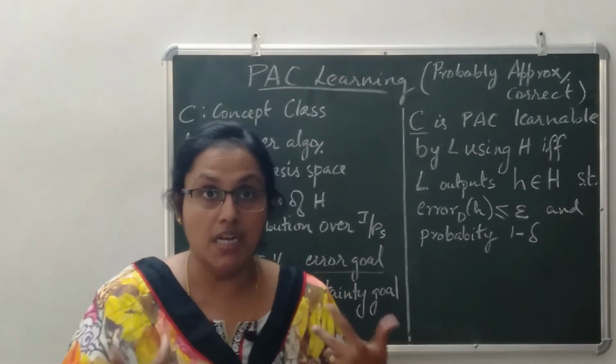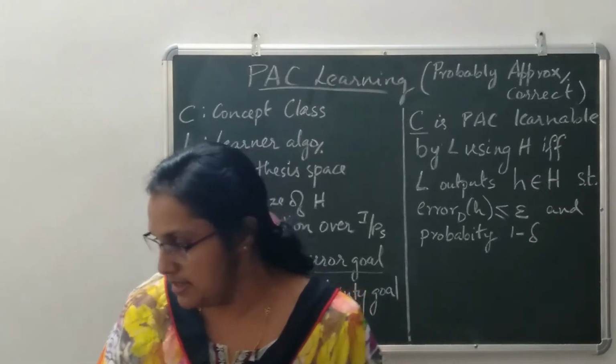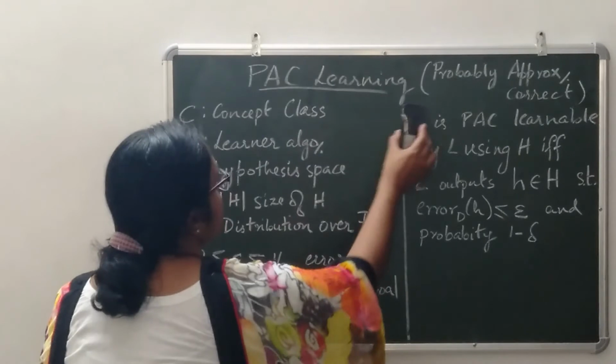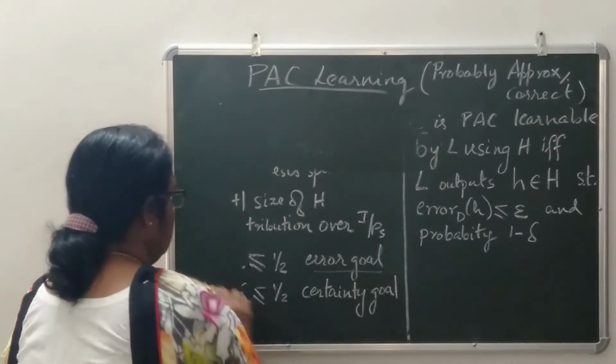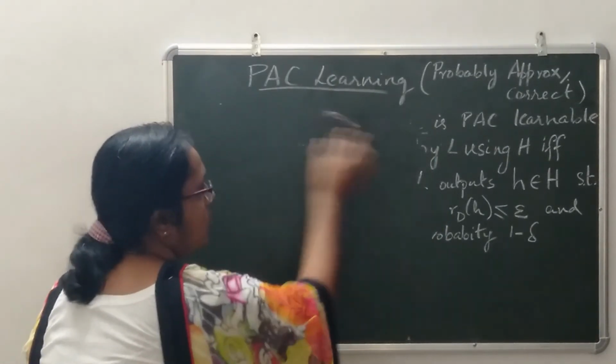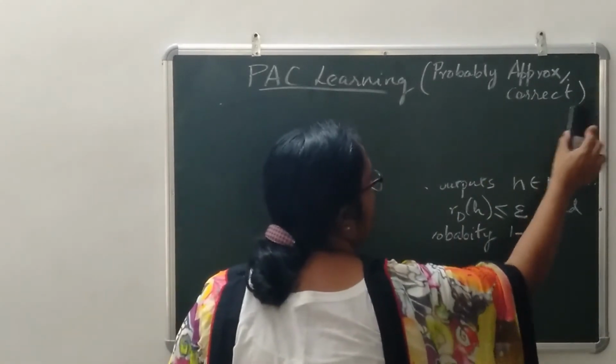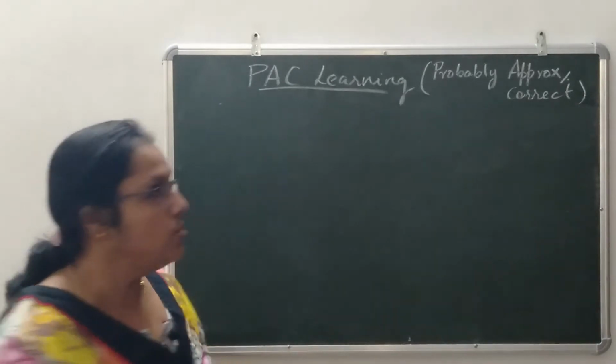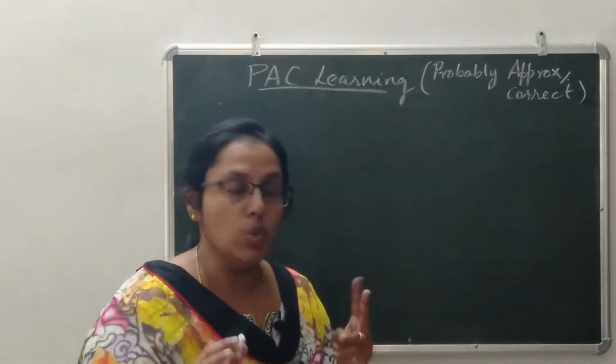What is a PAC learnable concept? That is the basic concept. Now let's go into some more details. Okay, what am I actually talking about? What does all this mean for a machine learning problem? As usual, let's take a 2-class problem.